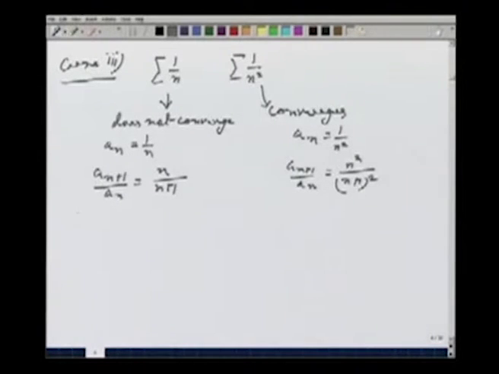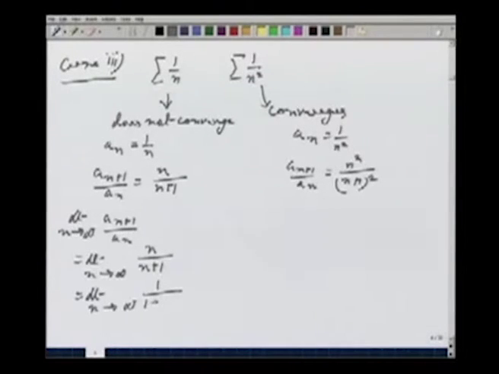So what is then limit n going to infinity an plus 1 divided by an? This is the same as limit n going to infinity n by n plus 1, that is limit n going to infinity 1 by 1 plus 1 by n, which is equal to 1. And here also.